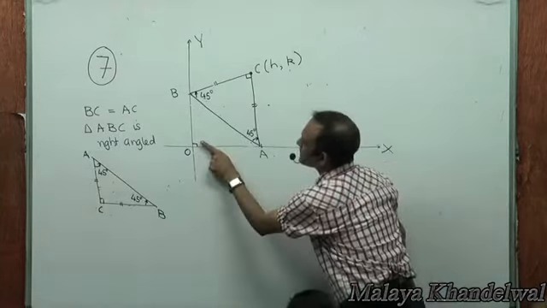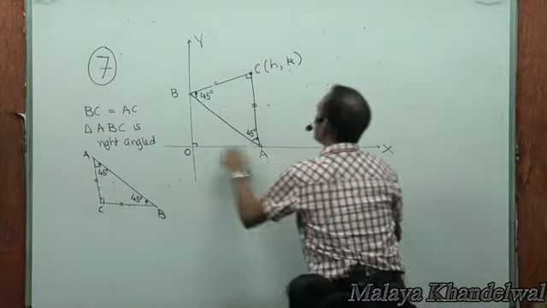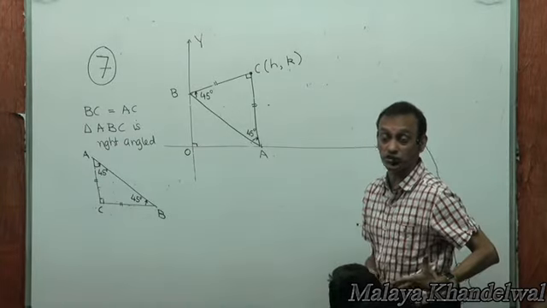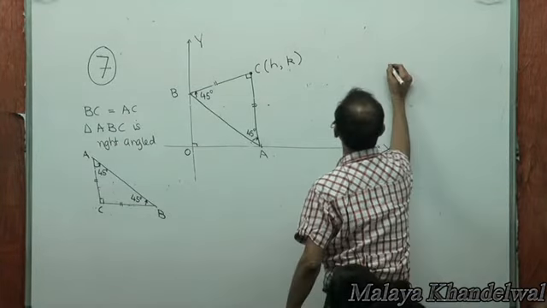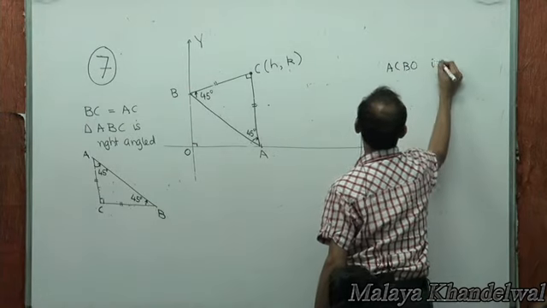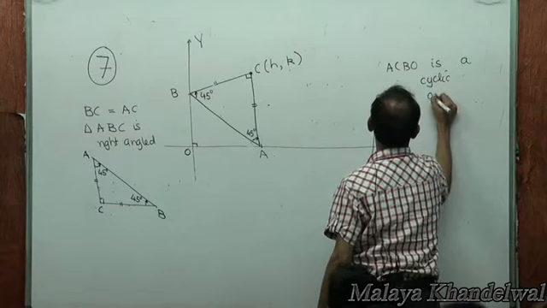Now this angle plus this angle is how much? 180. What's the nature of this quadrilateral BOAC? Cyclic quadrilateral. That means ACBO is a cyclic quadrilateral. Yes or no?